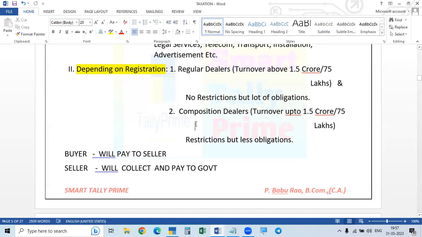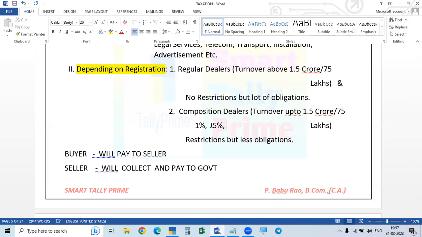So 1% is to be paid by manufacturers and traders, and 5% is to be paid by restaurants not serving liquor.